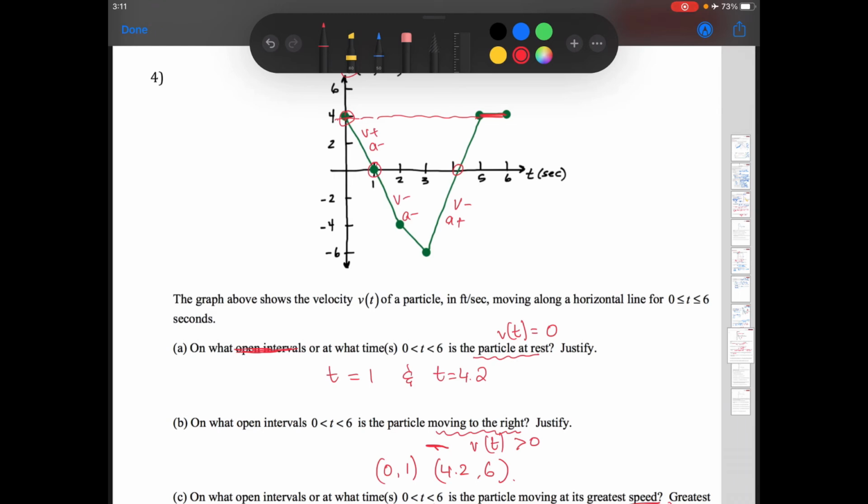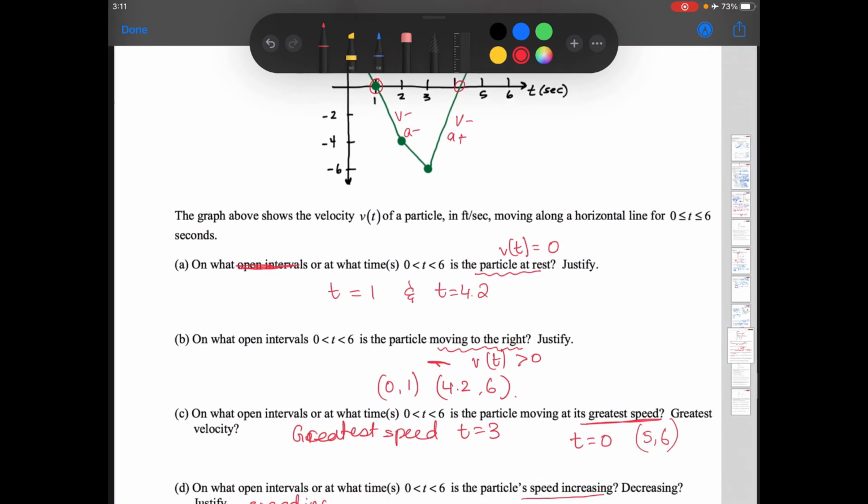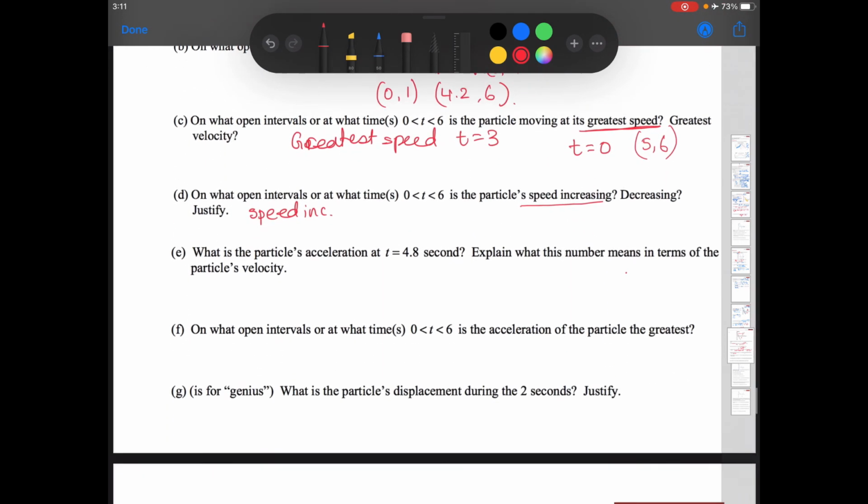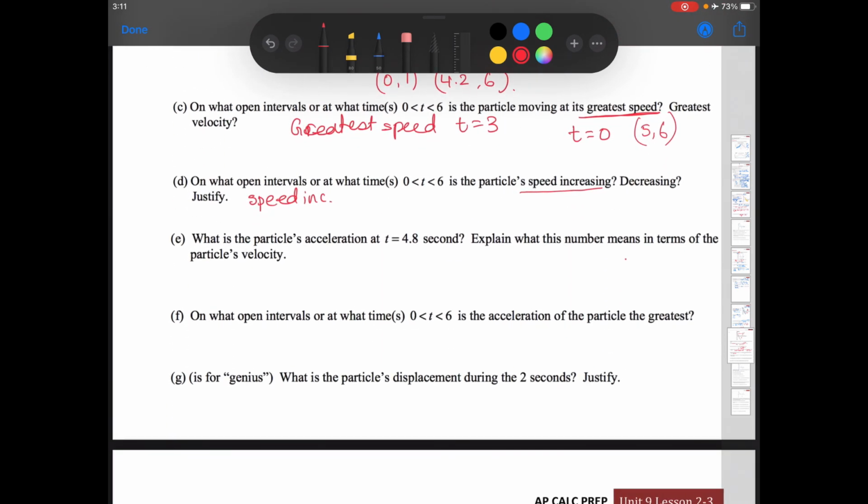From 4.2 to 5, your velocity is positive and your acceleration is positive, so speed is increasing. From 5 to 6, your velocity is positive, but your acceleration is equal to 0, so it's neither.